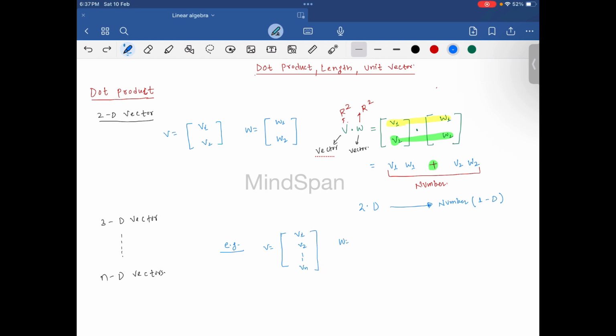And suppose we have a vector w, which will also have n components because it belongs to an n-dimensional space. We define the dot product between v and w the same way as in two dimensions. So v1 to vn dotted with w1 to wn: we multiply component-wise and then add all of those, so we get a number.